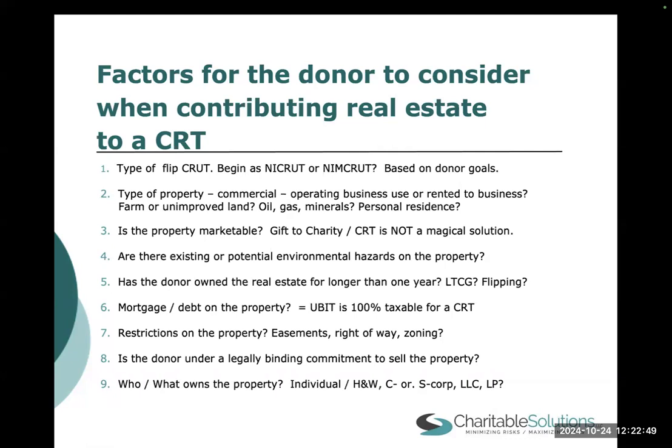I'll tell you a quick story about how a CRT can be a great solution for a donor that's trying to make an outright gift of real estate, and the phase one comes back a little dirty. In my time at the University of Florida, we had one of our top donors giving us a bunch of different real estate gifts. One of them was an old mechanic shop, or might have even been a Jiffy Lube type of place, and it had some serious environmental issues in the phase one.